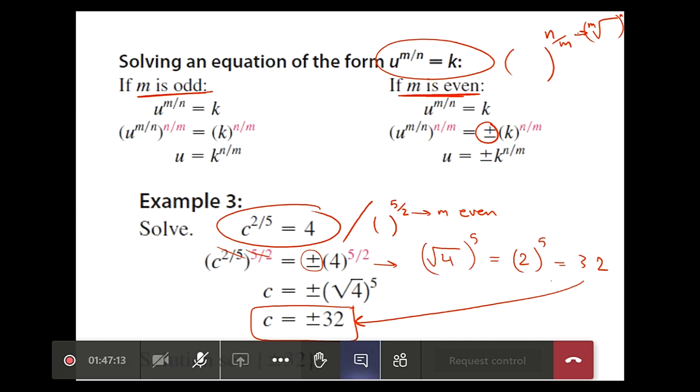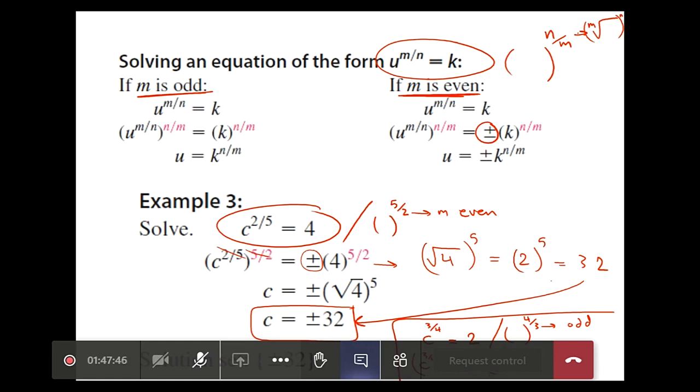Another example: if we have c to the power 3 over 4 equal, for example, 2, we must take 4 over 3, but 3 is odd. So we take 4 over 3 and 2 to the 4 over 3.